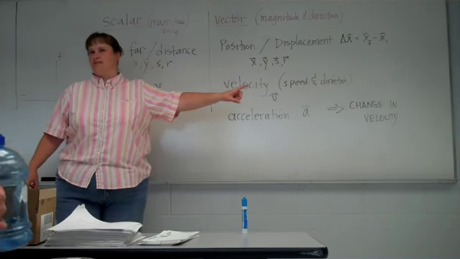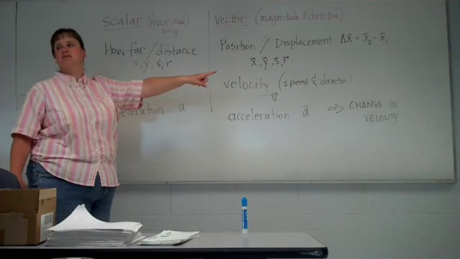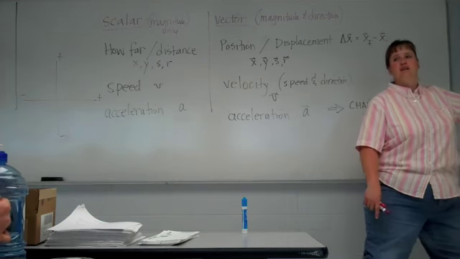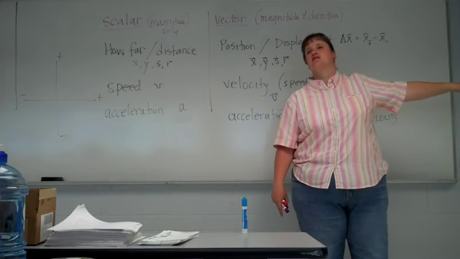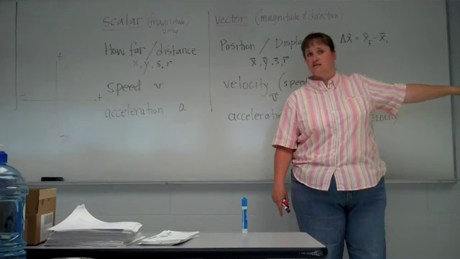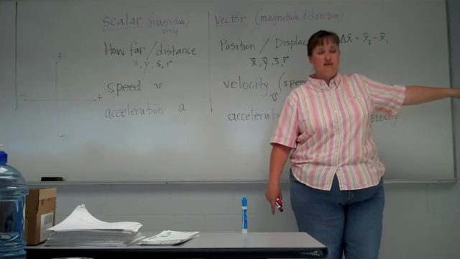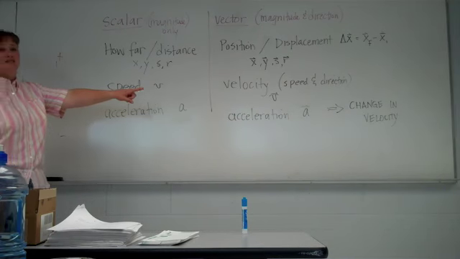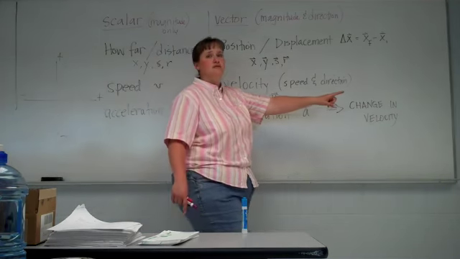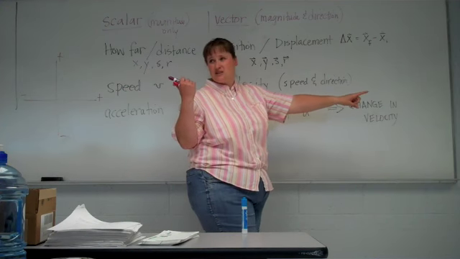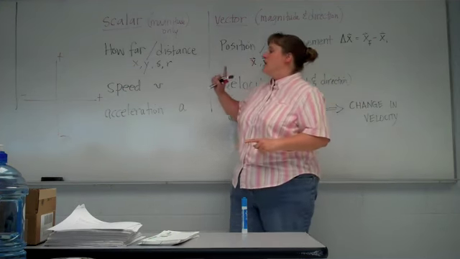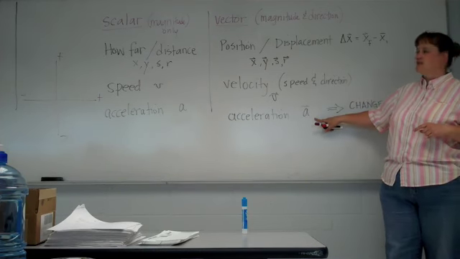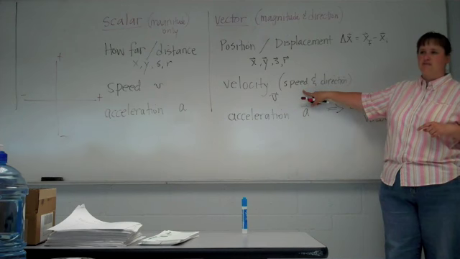Okay, here's the harder one. Let's say I'm headed that way and speeding up. So I'm going this way and I'm walking faster and faster and faster. What direction is my acceleration in? Positive. What if I'm walking that way still, but slowing down? Then my acceleration is negative. The direction of the acceleration depends upon the direction of the velocity.